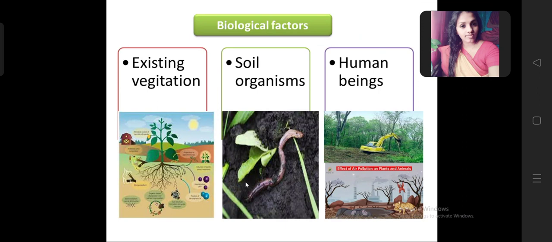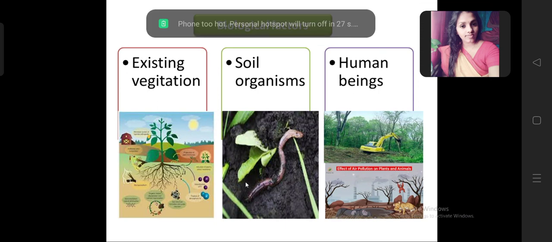In case of some plants, if you are planting legumes along with cereal, both get benefited. That mutual relationship also occurs here. Then comes the soil organisms. You can mention the earthworm, which is used for humification, and the soil aeration will be increased, and thereby the production will be increased.